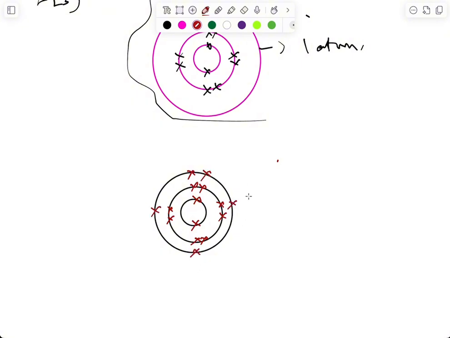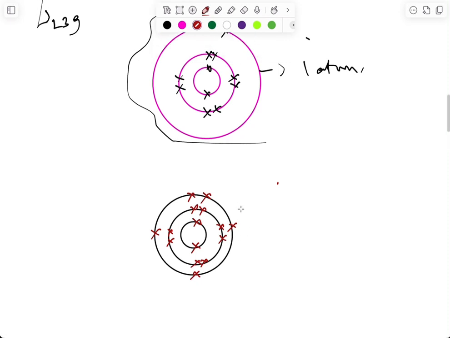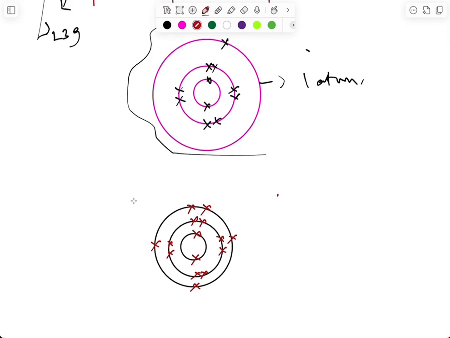Now, this is one atom of phosphorus. So what we're saying is that when you measure 1 mole of phosphorus, it contains 6.02 times 10 raised to the power 23 of these atoms. This is the number of atoms present in a mole of phosphorus, every single one of these, like you pick it one after the other.